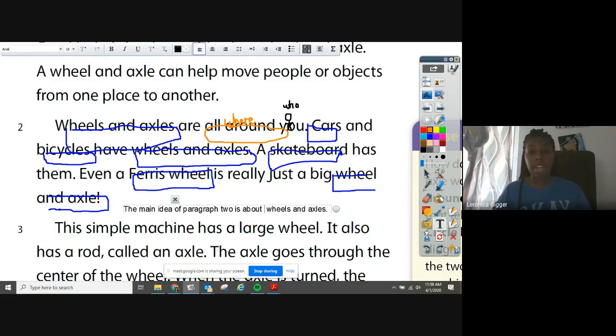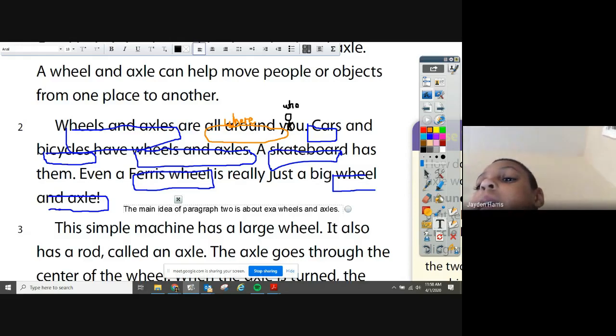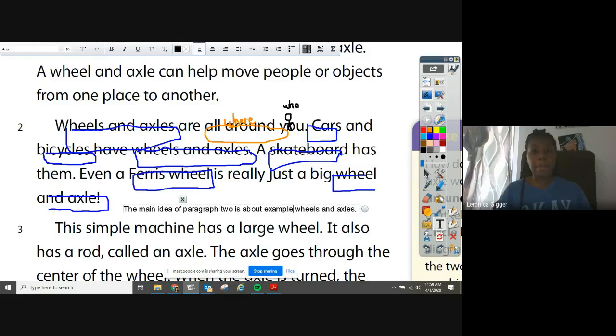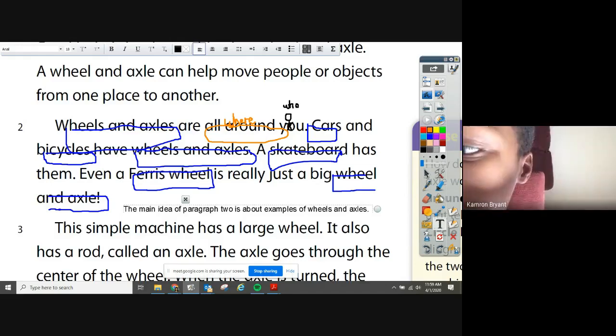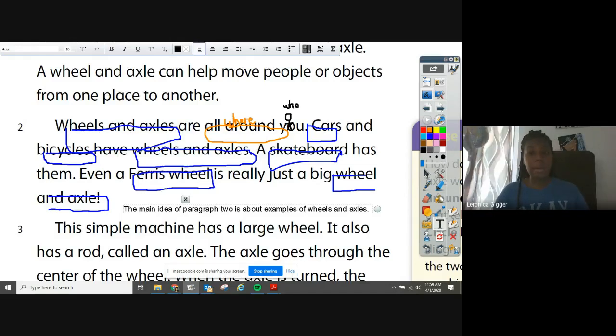They just gave me some, help me, what word am I trying to type? Examples of. So the main idea of paragraph 2 is about examples of wheels and axles.